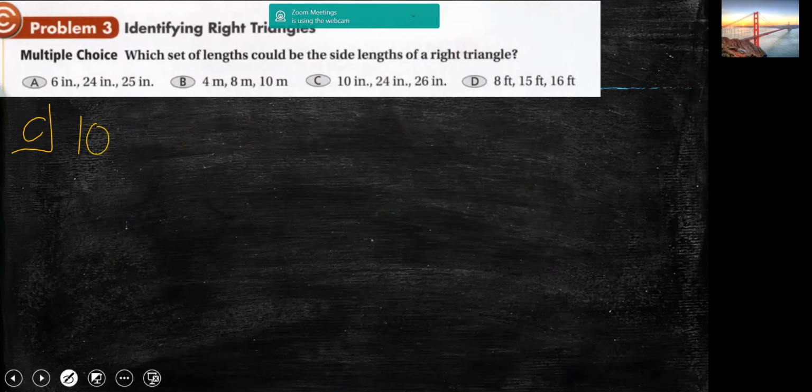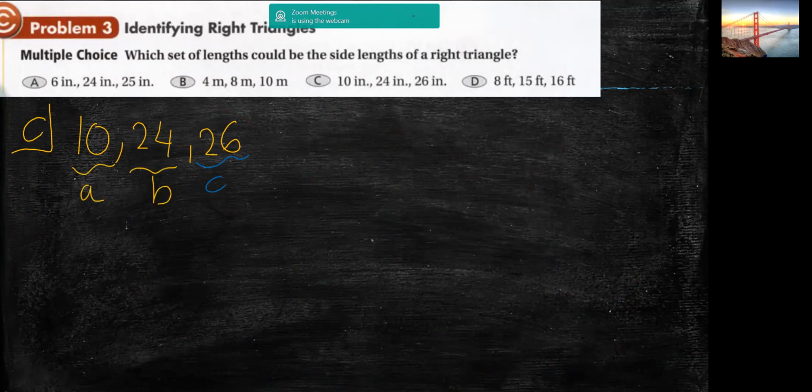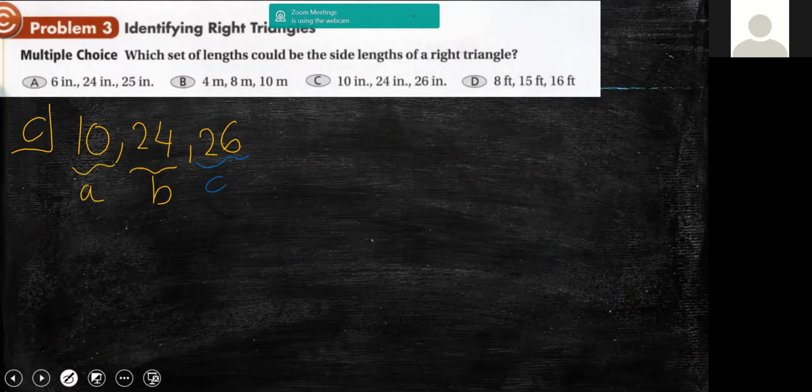Ten, 24, and 26. Which is greater? 26. So this is C, and this is A, and this is B. So now let's see if A squared plus B squared equals C squared.